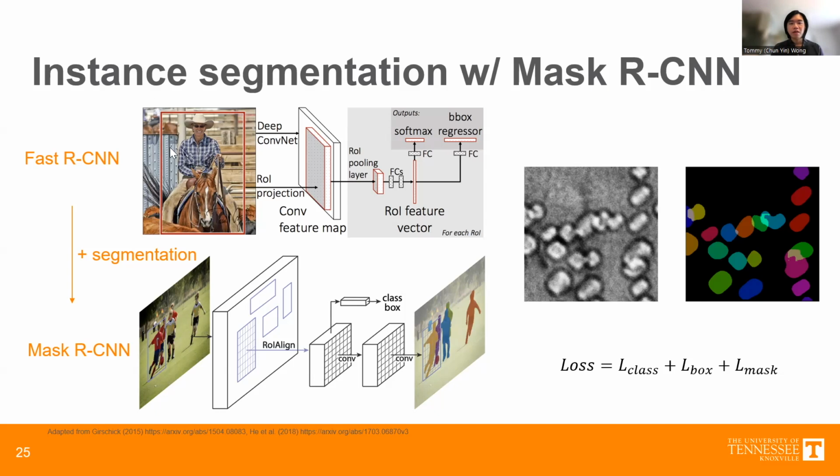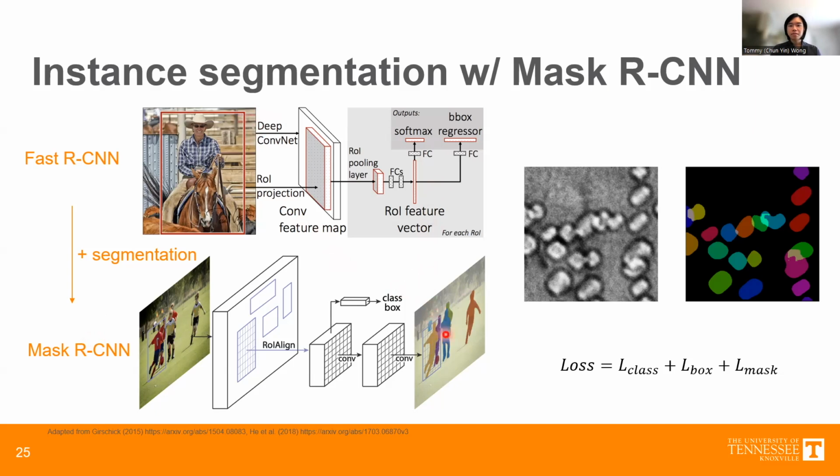It's typically one class for each region of interest; there are multiple regions of interest in a single image. And for masked RCNN, it also gives you the mask of that image in that region of interest. So masked RCNN is the development of fast RCNN, but if you add segmentation to it, you get masked RCNN.